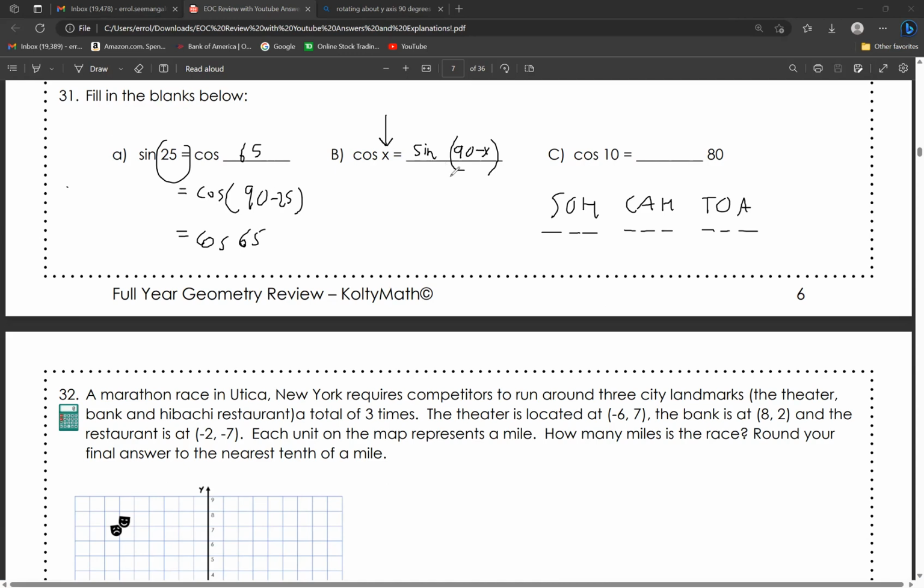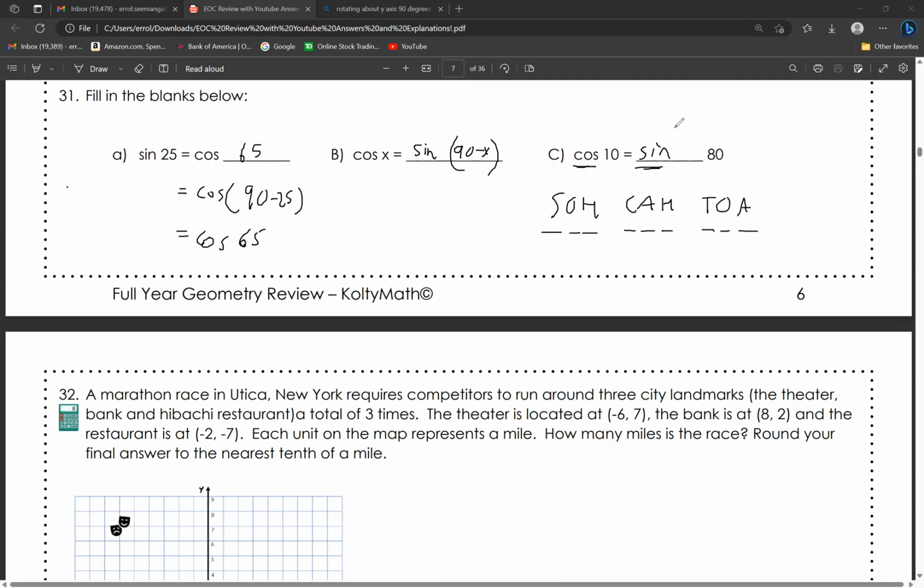Okay. So same thing with this one. It's 90 minus whatever the cos is there. So 90 minus x for that one. What about this one? This one is sine 80, right? Switch the trig ratio.